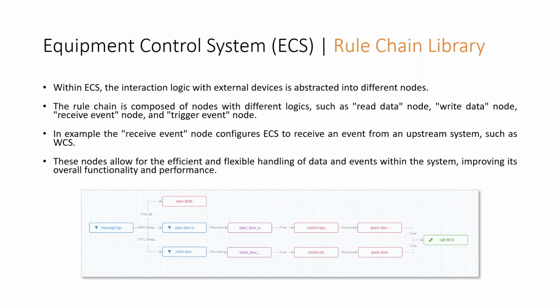These nodes can be tied together, and if the action that occurs in that node is successful, it can continue on the rule chain. If there's an exception or some kind of problem, you can trigger an exception within the system that maybe notifies the workflow that we have an error down at the ECS chain level.